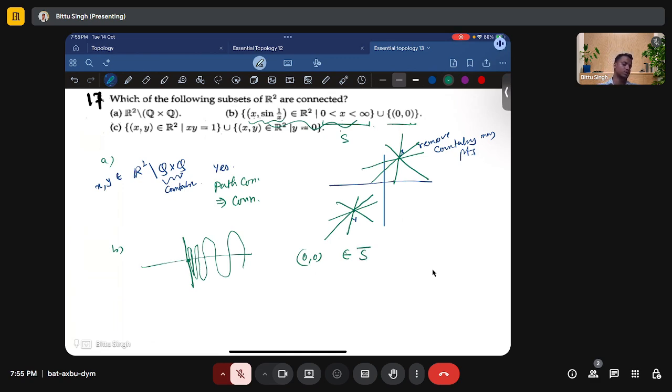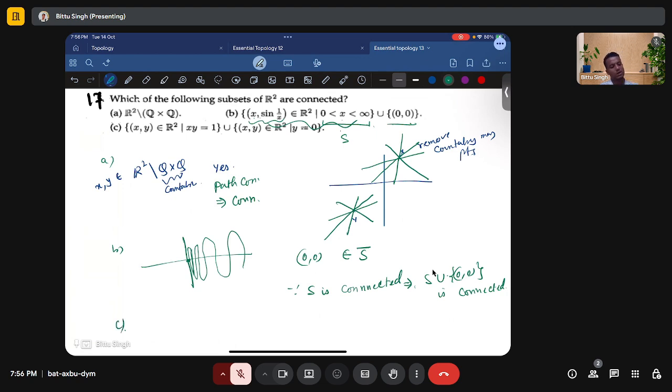So (0, 0) belongs to the closure of S. Since S is connected, if we add some limit points, this will remain connected. S union (0, 0) is also connected. So the behavior of connectedness is that if something is connected and we add limit points, it remains connected.